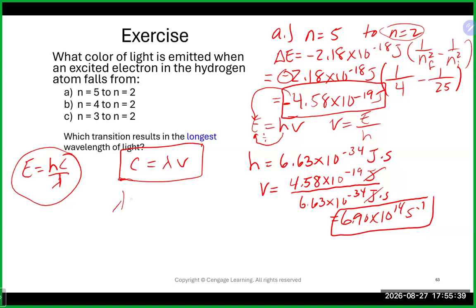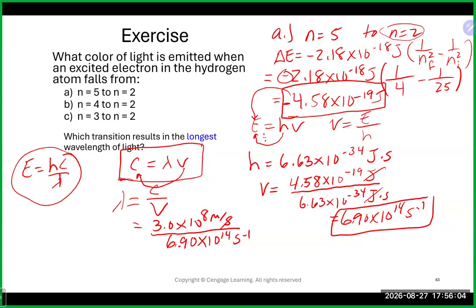We'll do wavelength is equal to c divided by the frequency, by dividing that to the other side. And you will end up with 3 times 10 to the 8 meters per second divided by our frequency, 6.9 times 10 to the 14 reciprocal seconds.